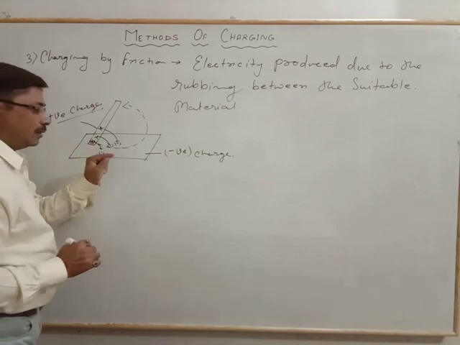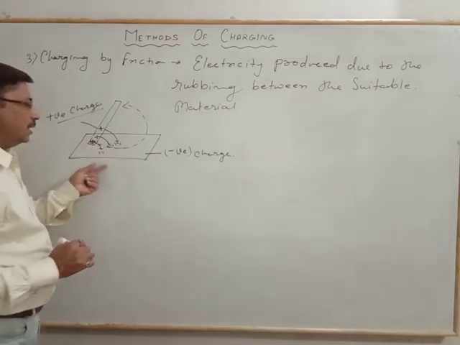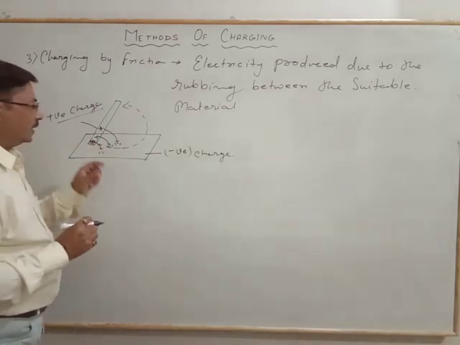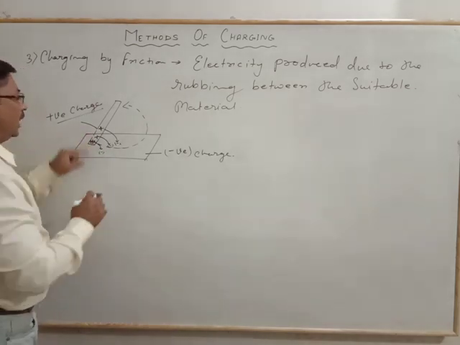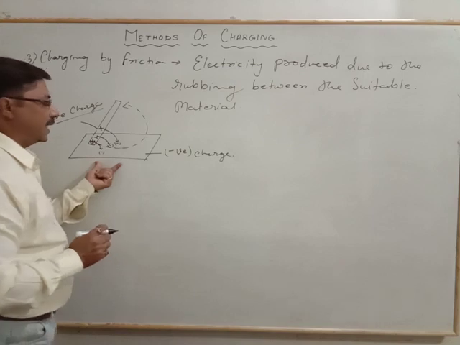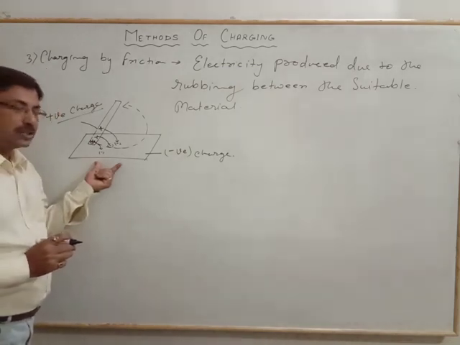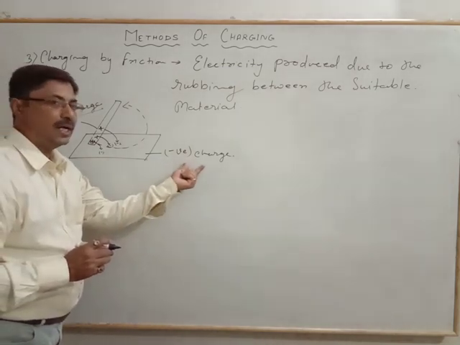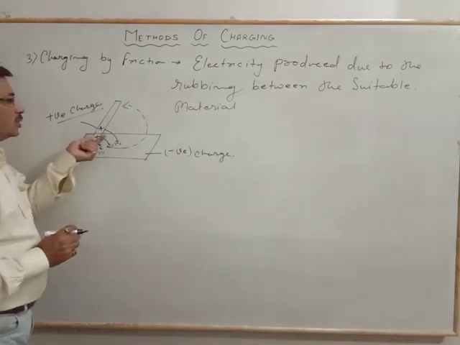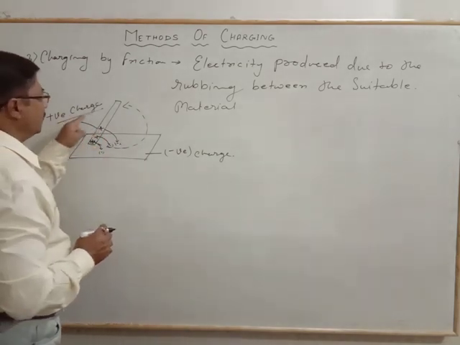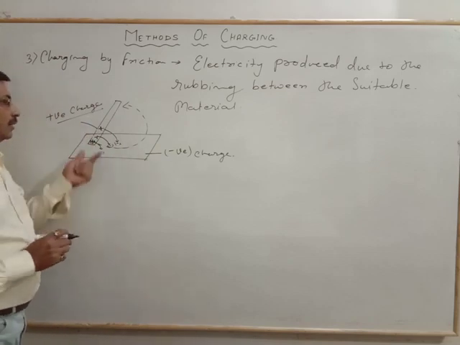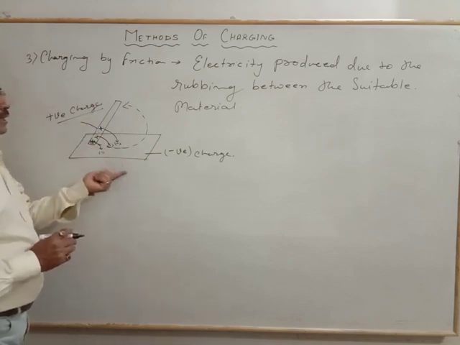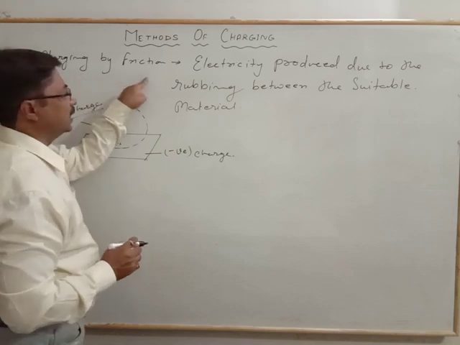So the two materials must be of such a character that the electron will jump from one to the other. One gets an excess of electrons and becomes negatively charged, and the other loses electrons and becomes positively charged. In this way the charging of the material occurs, and this phenomenon is called charging by friction.